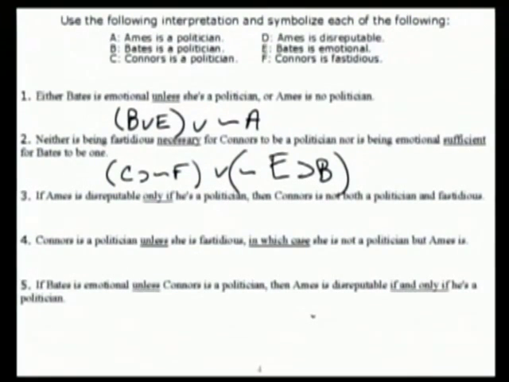Now this says either if Connor is a politician, then he's not fastidious, or, so either that, or if Bates is not emotional, then she's not a politician. Nathan?